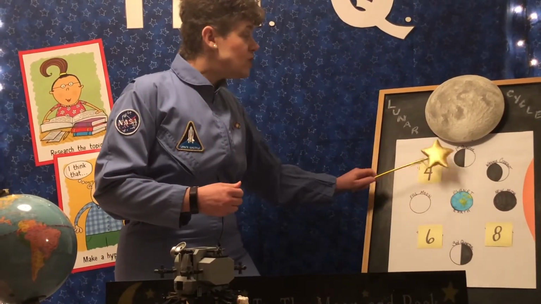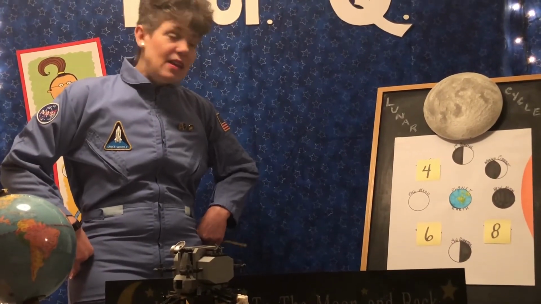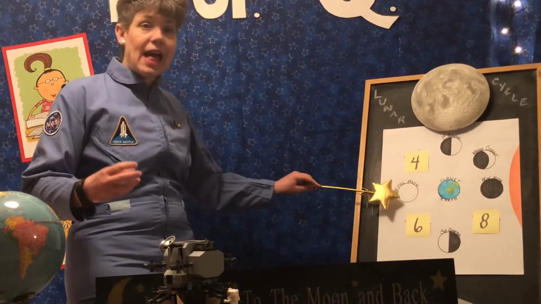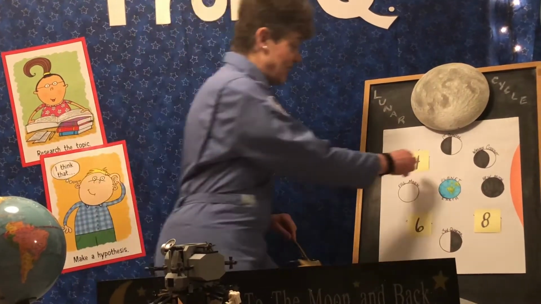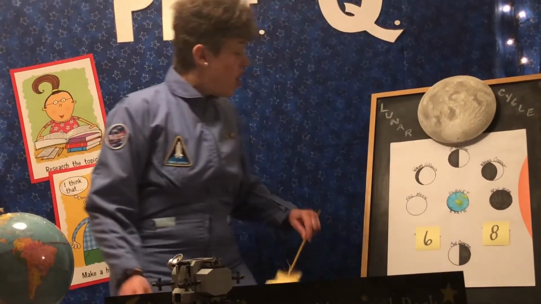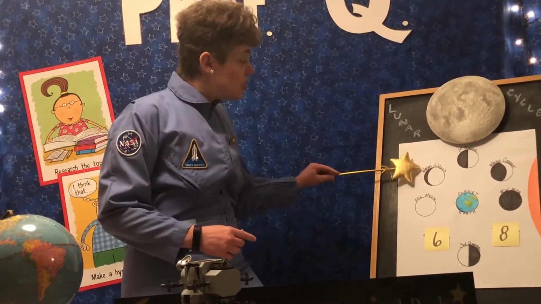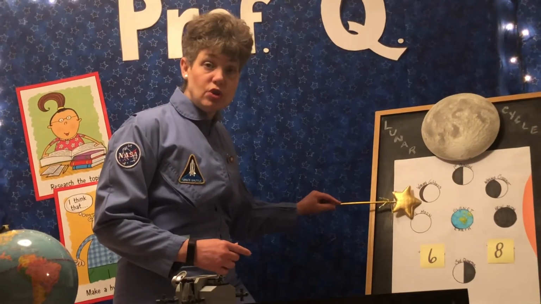Now, once we get to the first quarter, what do you think number 4 would be? Because we're going from all dark to all light. What do you think? I think you're right. It's a waxing gibbous. Correct. So you see that the dark, the shadow is starting to slowly fade away.